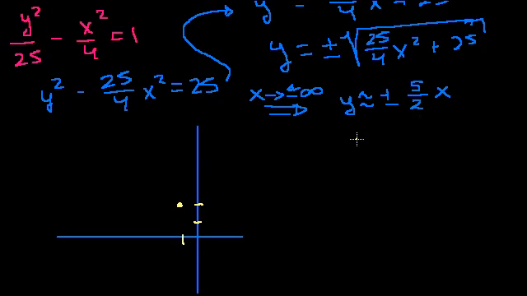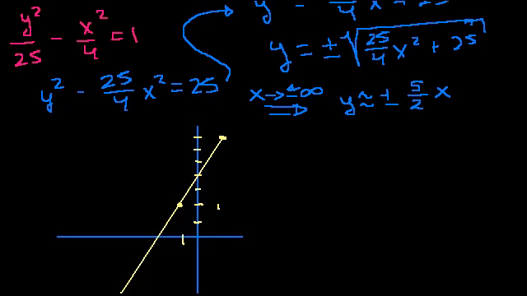One slope is positive 5 over 2, which means if we go over 2, in x, we go up 5: 1, 2, 3, 4, 5. So we'll end up right over there, and I can draw that line. You just need 2 points for a line. And then the other asymptote is minus 5 over 2.